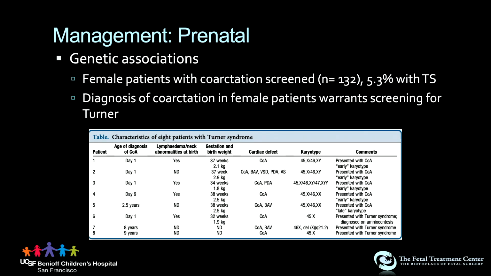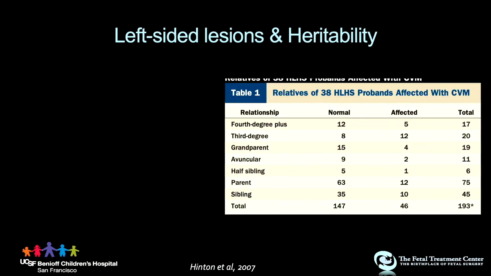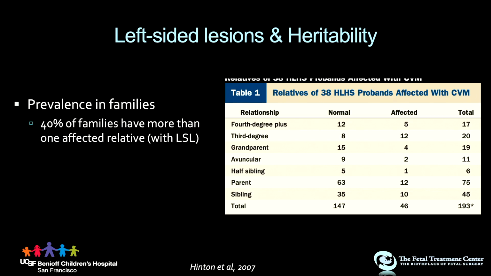The other thing we talk a lot about with families is what are the implications of diagnosing a coarctation for future pregnancies and recurrence risk. It turns out that left-sided lesions have a very high degree of recurrence risk in subsequent pregnancies, and that there is a high prevalence of left-sided lesions in families. 40% of families have more than one affected relative with a left-sided lesion.